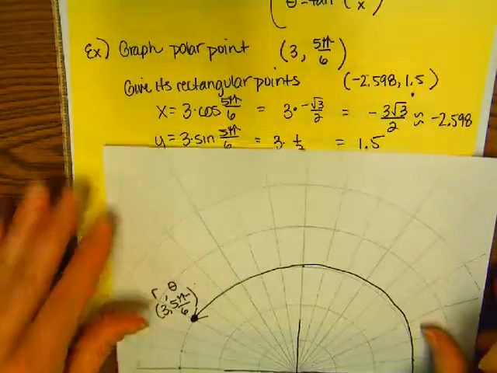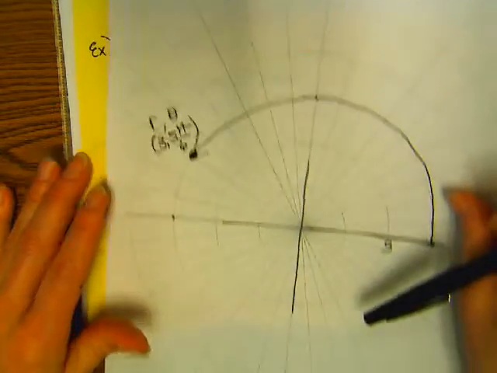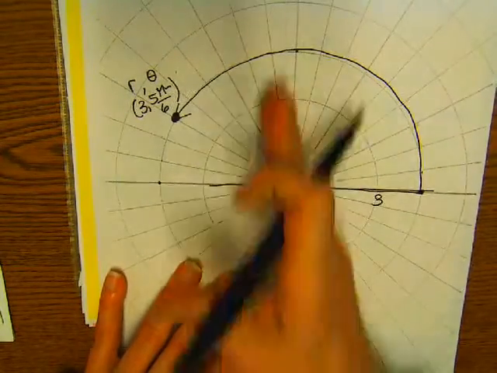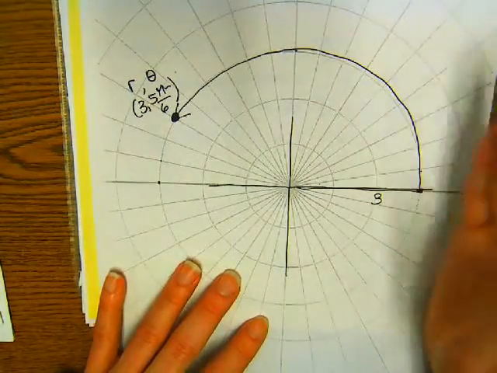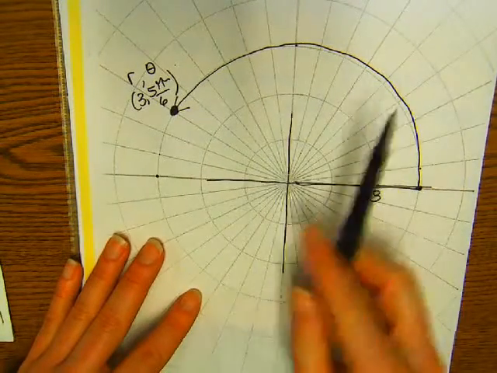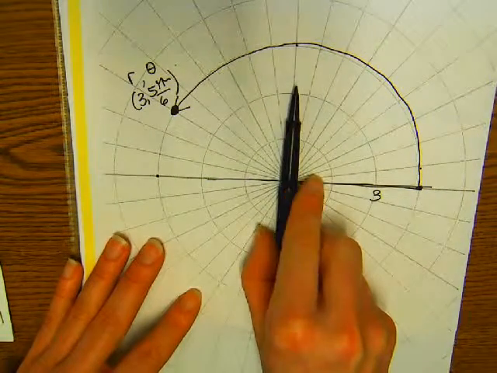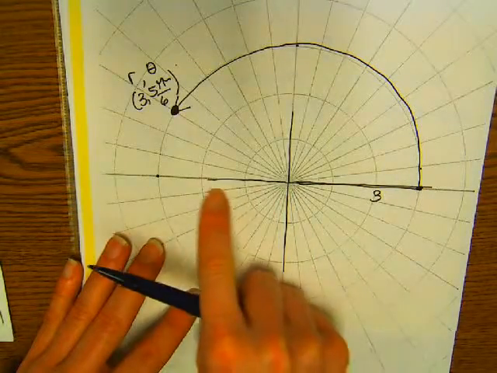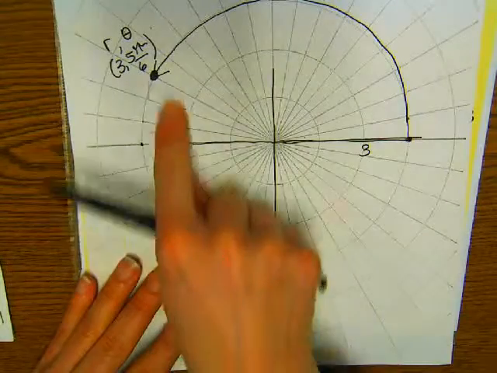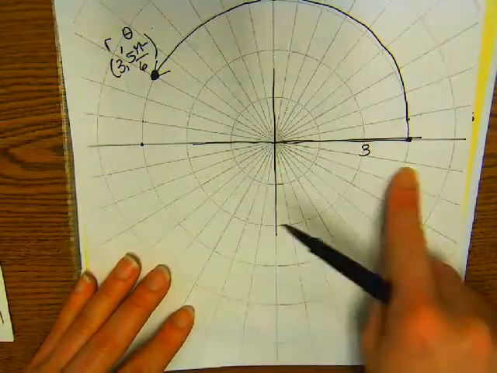So if I look, it would be fun if we could have an XY axis on here, but does this look like this could be over negative 2.59 and up 1.5, like if I was doing my old way of graphing? That makes sense, because it's to the left and then up.